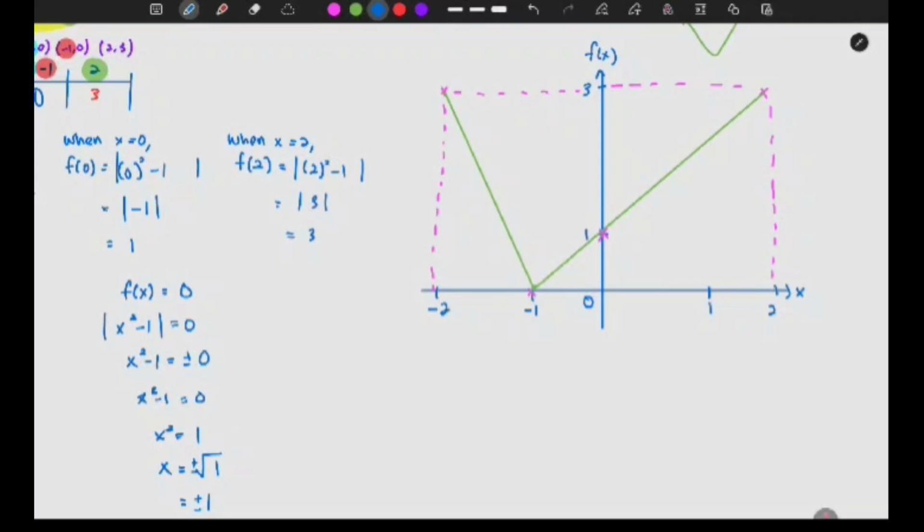Oh wait, my graph is not nice. It looks better. So you have two graphs, either one you draw. You don't have to draw both. Wait, this is not a perfect graph. It did not touch the one. It should touch the one. It's not straight, but guys, something like this. Wait, let me make it better if I can.